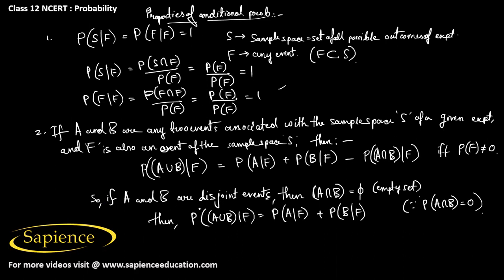That is why. So since the probability of A intersection B is 0, we can also say that the probability of A intersection B given F will also be 0, since A and B are disjoint sets.